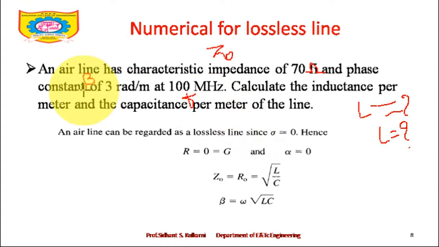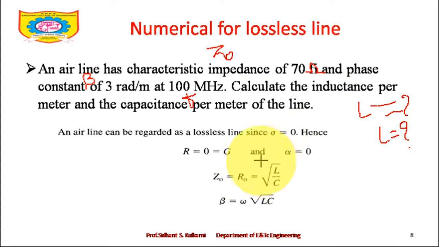First of all, try to understand. We can consider air as a lossless medium, since conductivity is almost 0. In air, conductivity is 0, that's why we can consider this a lossless medium. If it has to be lossless, R equal to 0, G equal to 0, already we know that. That's why in the numerical we don't ask the values of R and G, they are already 0.